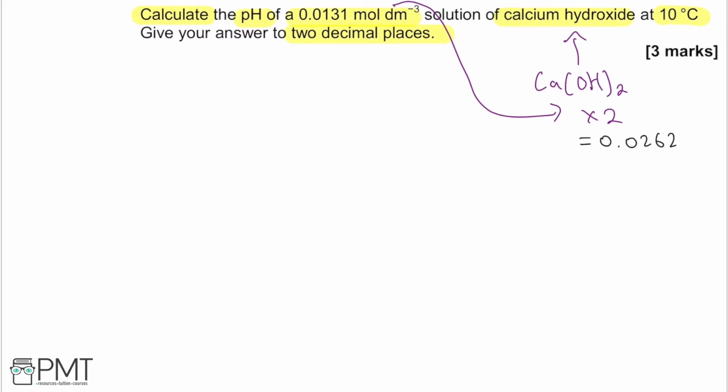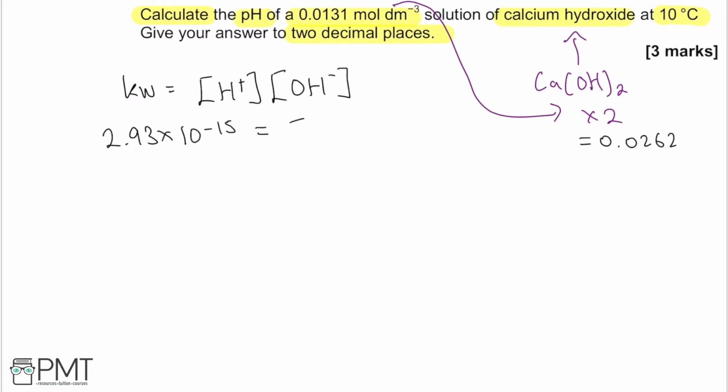So we need to multiply 0.0131 by 2, and we should get a value of 0.0262. So if you write out the Kw equation now, we get Kw equals the concentration of H+ multiplied by the concentration of OH-, and if we sub in values, we will get 2.93 times 10 to the minus 15 equals the concentration of H+ multiplied by 0.0262.